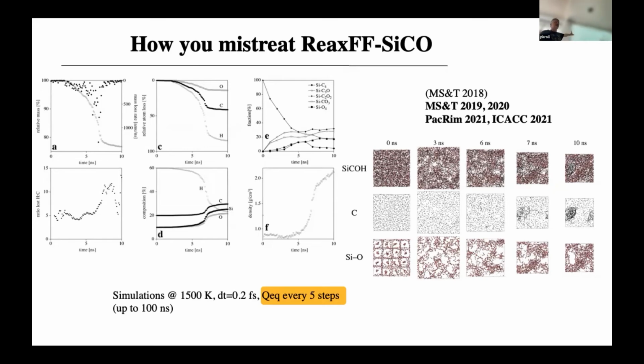I went there a couple of years earlier and basically showed that we have this catastrophic behavior. All these curves change within a fraction of a nanosecond, or let's stay within 1 nanosecond. And I've never published this. This manuscript is 2 years old. And then I realized what's wrong. So it was never sent out.